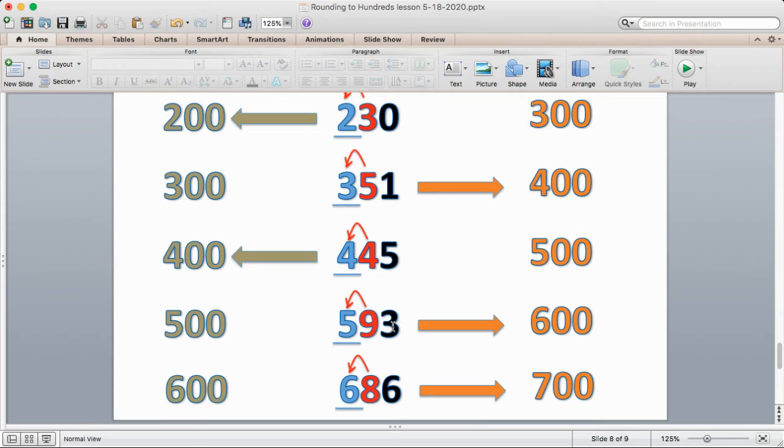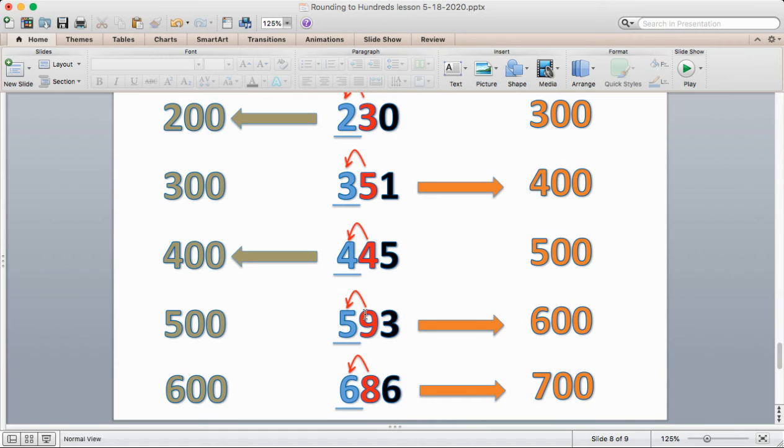593. The 3 in the 1 spot has nothing to do with anything. So we're just going to discard that. We're not looking at that. We're looking at the 10 spot. We're looking at the spot to the right of the number that we're rounding. The number we're rounding is underlined, the 100 spot. So the 9 is talking to the 5. Since this 9 is 5 and above, we move it up to the higher number.